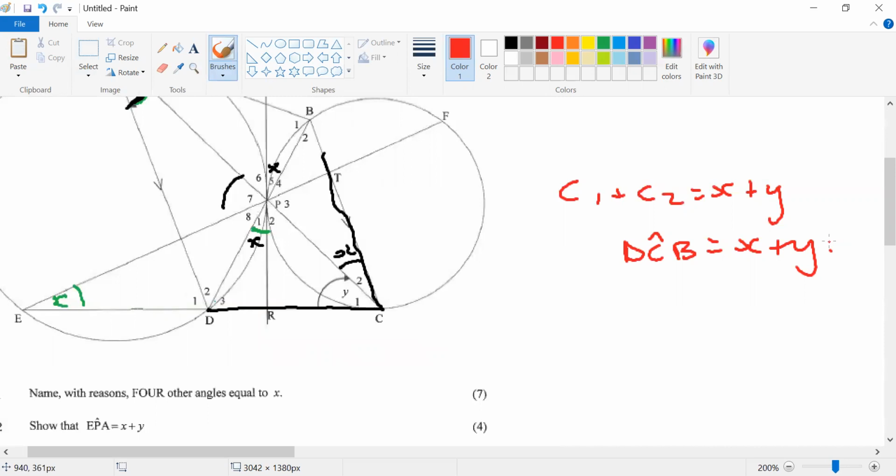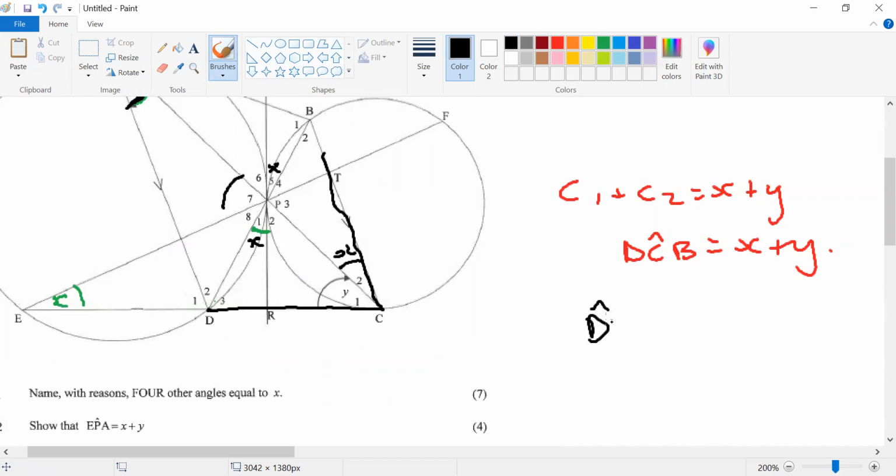Now let's see if we can transfer this to another angle. Using the parallel lines, we can see that this angle is equal to this angle, purely because they are corresponding angles. So because I know that, let's just put it in, see if that helps us at all.